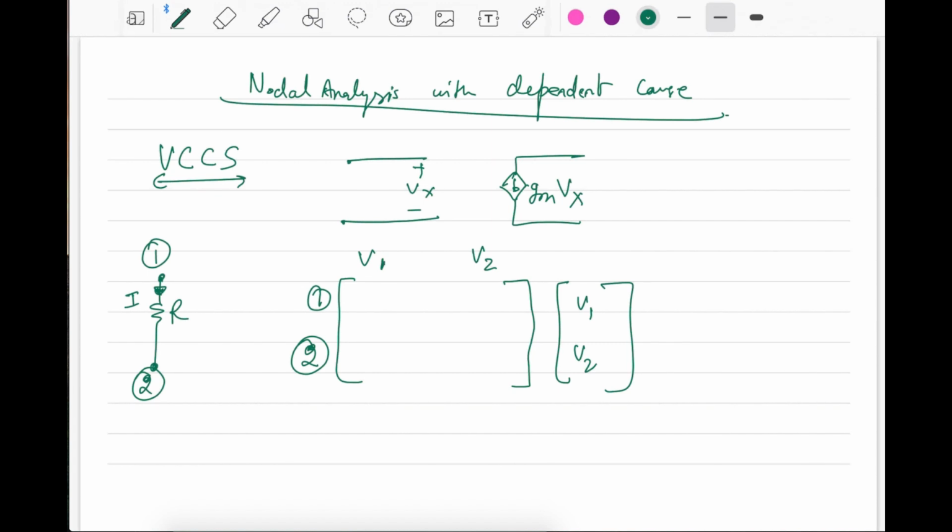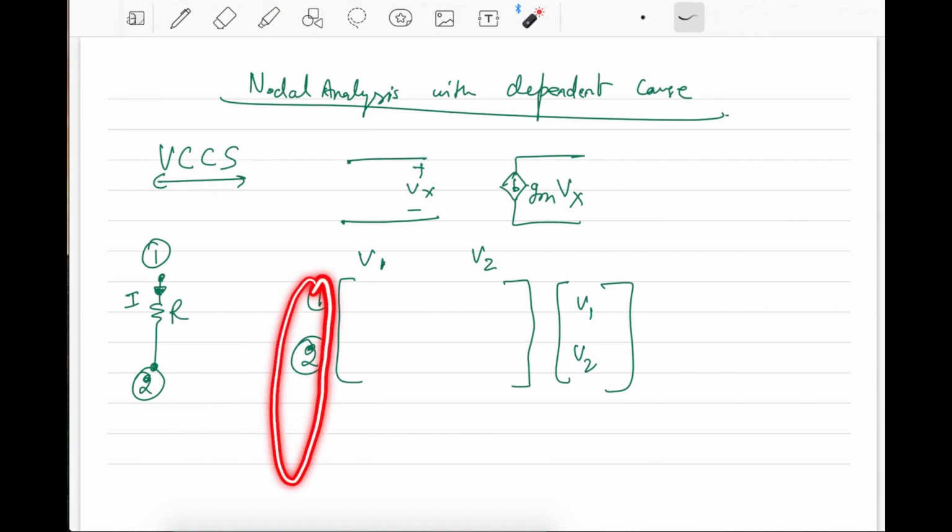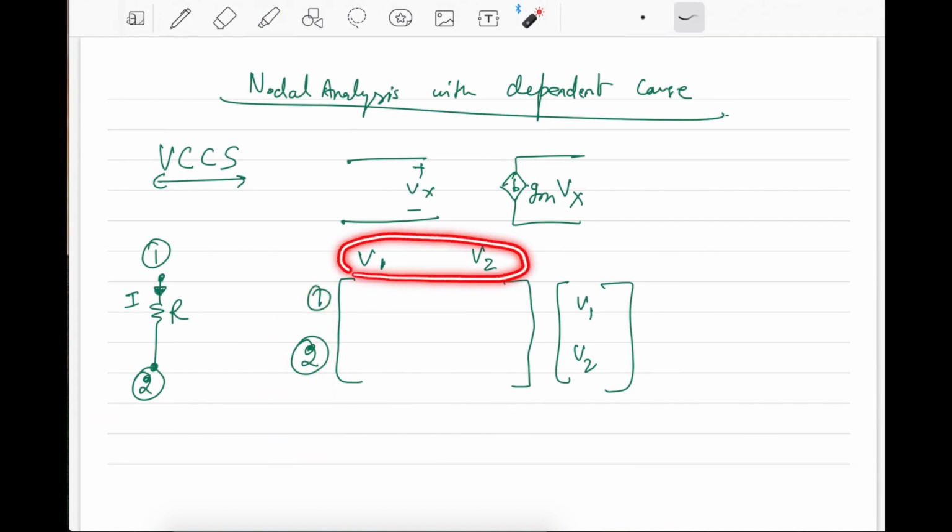So the rows are the number of nodes, and the columns are the nodal voltages.